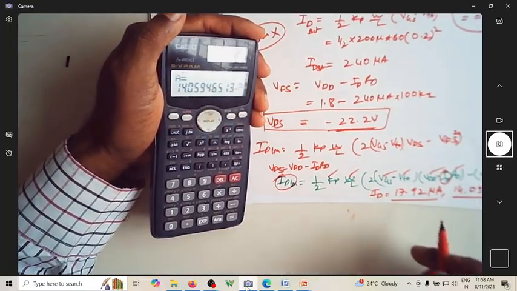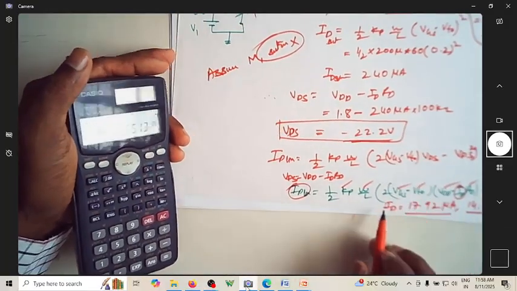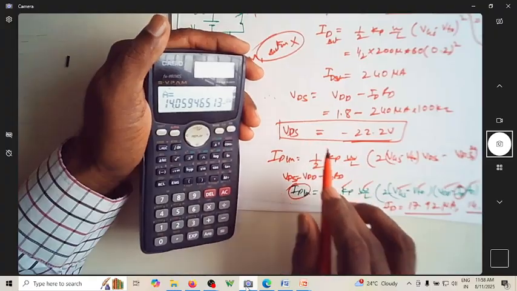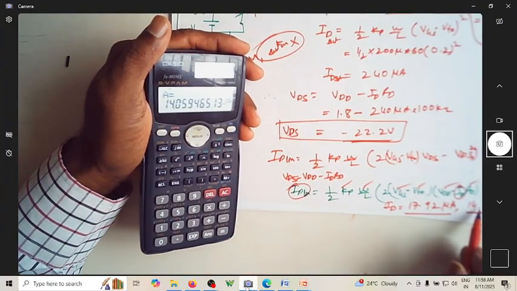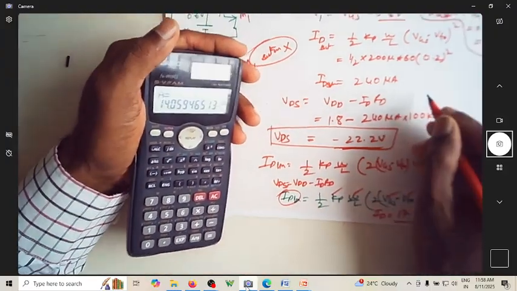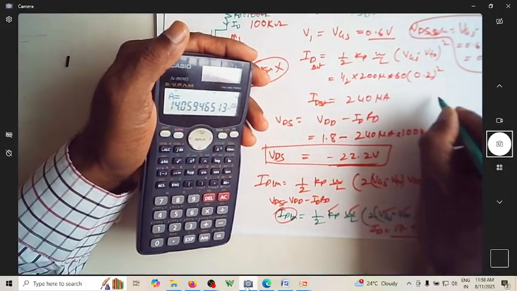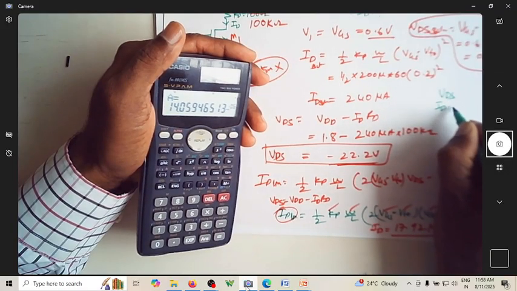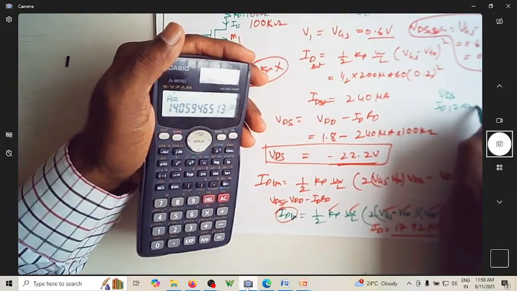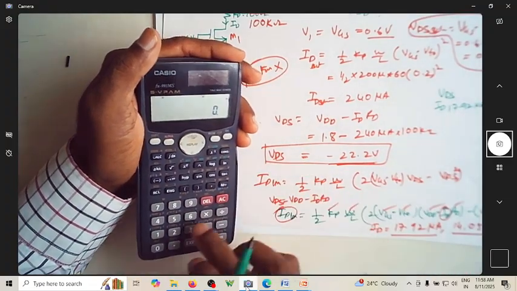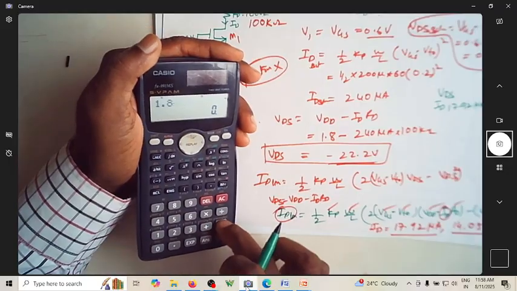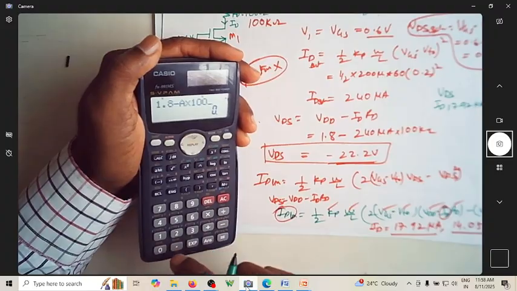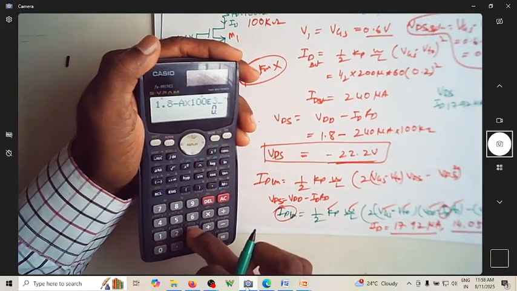So let me find which value is correct. By considering this value of ID as 17.92, let me find VDS. Considering this as 14.05, let me find VDS. VDS with ID as 17.92 microampere is 1.8 minus alpha A into 100 exponential of 3.